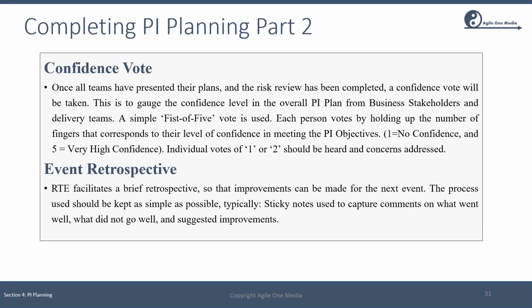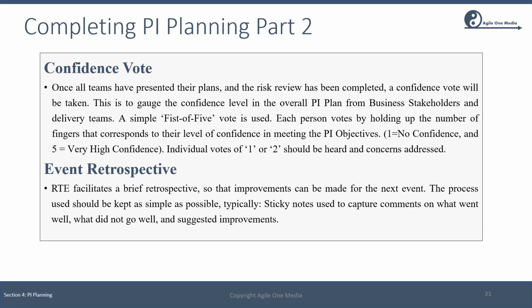For this, we'll use a simple fist of 5 vote. Each person votes by holding up a number of fingers that corresponds to their level of confidence in meeting the PI objectives, ranging from 1, no confidence, up to 5, very high confidence. If we get any individual votes of 1 or 2, we should hear the concerns, and those concerns should be addressed.